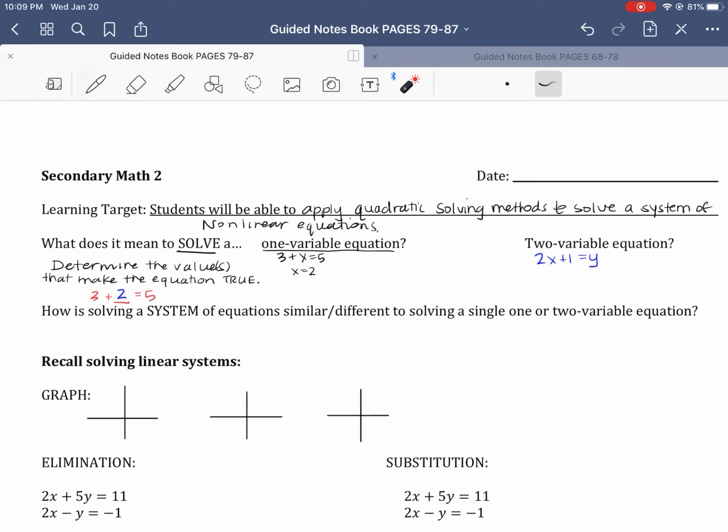We create these what we call functions. For example, if x is 2, well, 2 times 2 plus 1 is 4 plus 1, or in other words, 5. So it comes out as an ordered pair. When x was 2, then y was 5. We can write these as ordered pairs, and these are what we call two-variable equations. Their solutions come as ordered pairs.